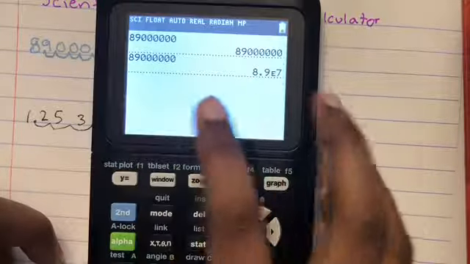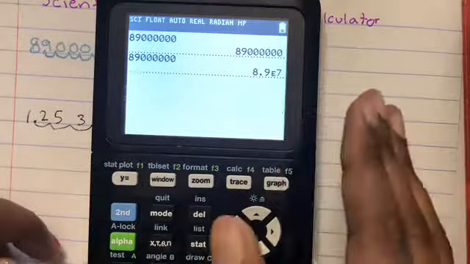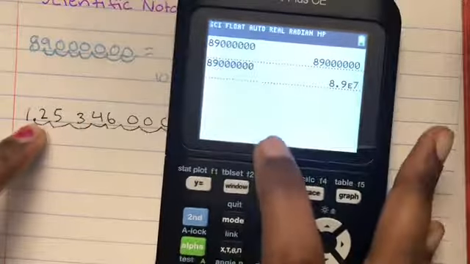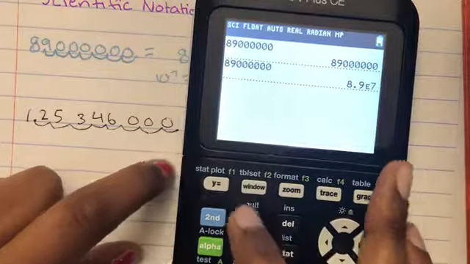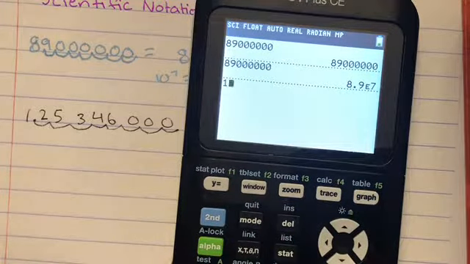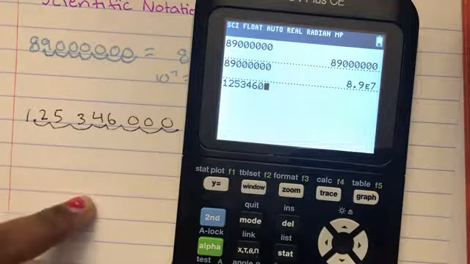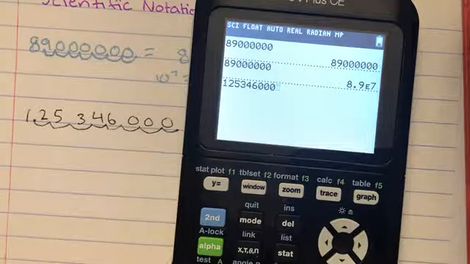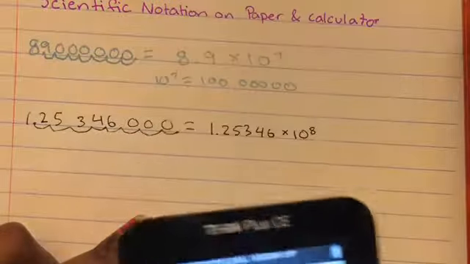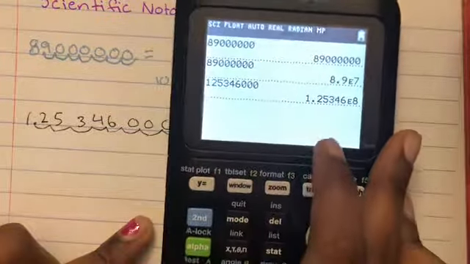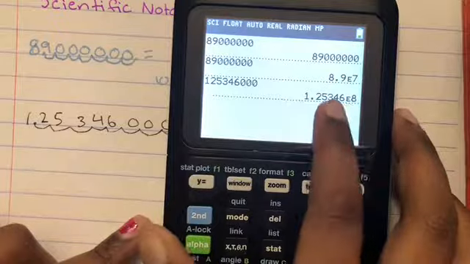Let's see if you want to get even farther, and let's try this example to see how it works with this many numbers. Okay, that would just be 125,346,000. And let's click enter to see what we get. We get the same answer as before. And now we don't want this many numbers here.